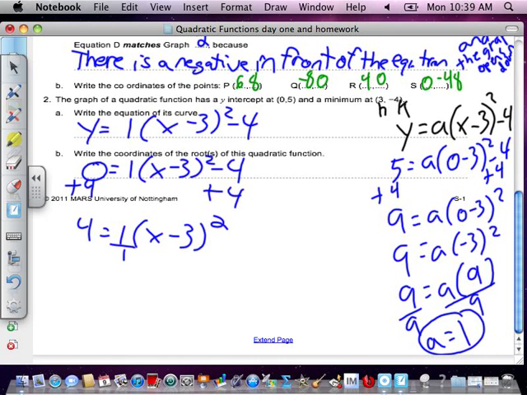Divide by 1? Yep. What do I do? Megan? Square root. So I get 2 equals x minus 3.